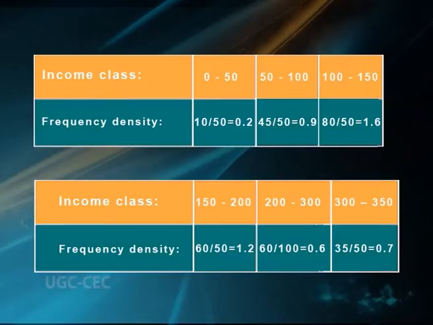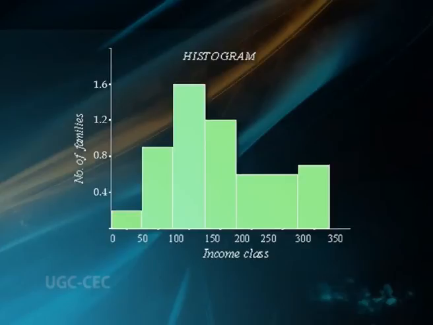Frequency density of each class: 10 by 50 is 0.2, 45 by 50 is 0.9, 80 by 50 is 1.6, 60 by 50 is 1.2, 60 by 100 is 0.6, 35 by 50 is 0.7. Now, the histogram is as follows. Number of families along the y-axis, income class along the x-axis.